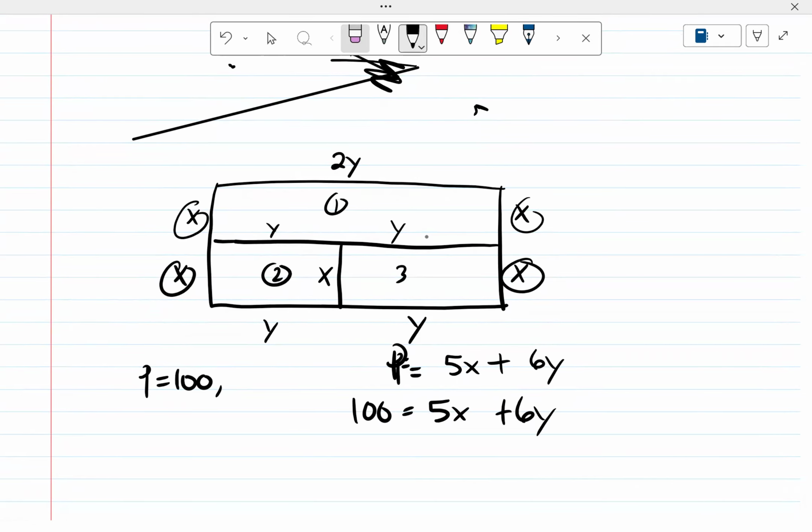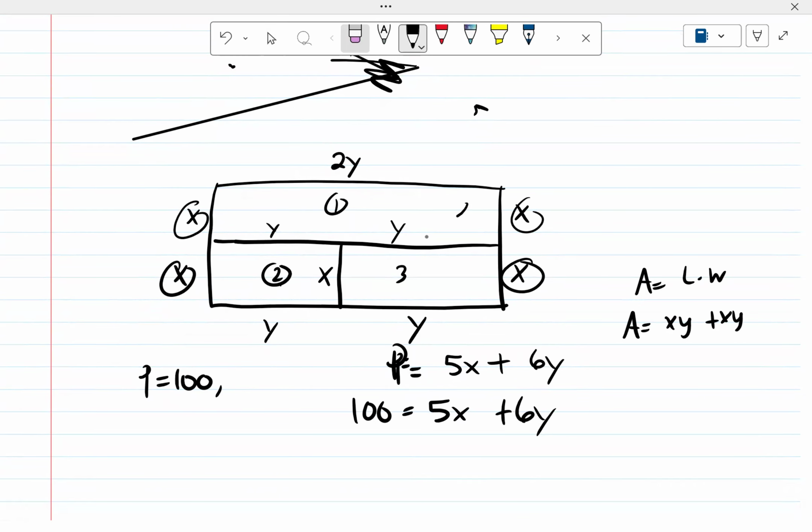And what else? Let's do area. The area is basically length times width. So the area of one pen, this one right here, is xy. The area of this pen is also xy.